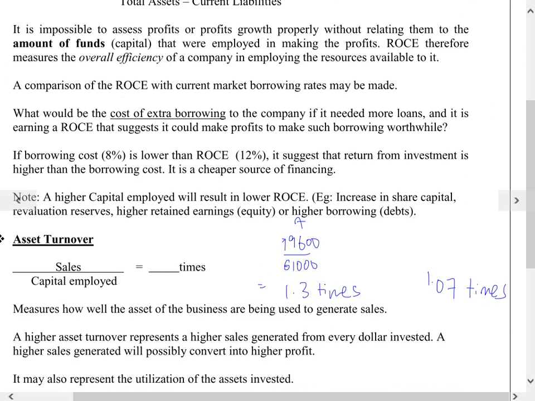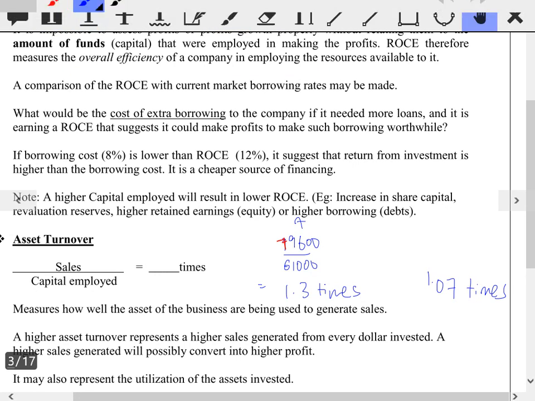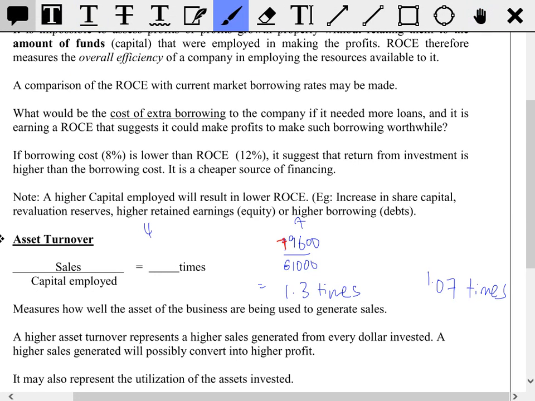What about the next one? Asset turnover. 79 divided by 61. If it's 40 divided by 20, is it 2 to 1? 2 to 1, right?